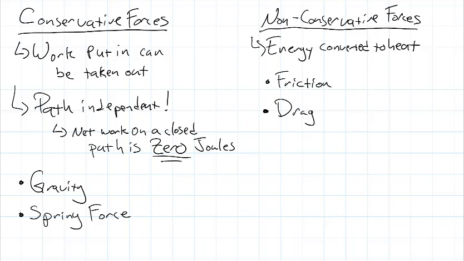What we're going to concentrate on for the rest of this video is going to be conservative forces, and we're going to come up with this quantification of how much work we've stored that we can then take out later.